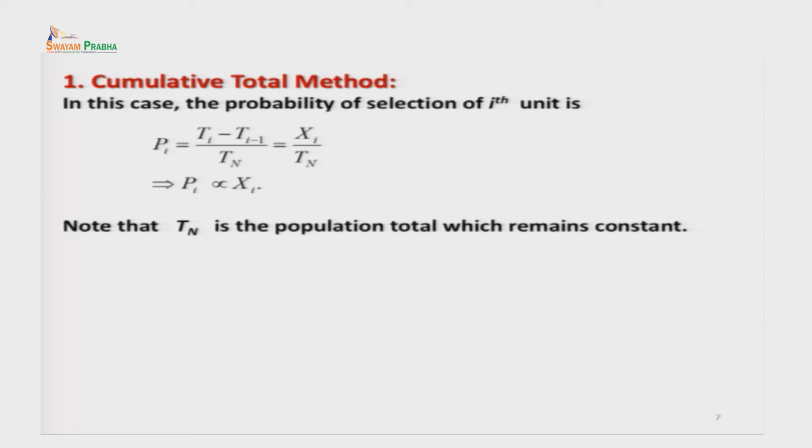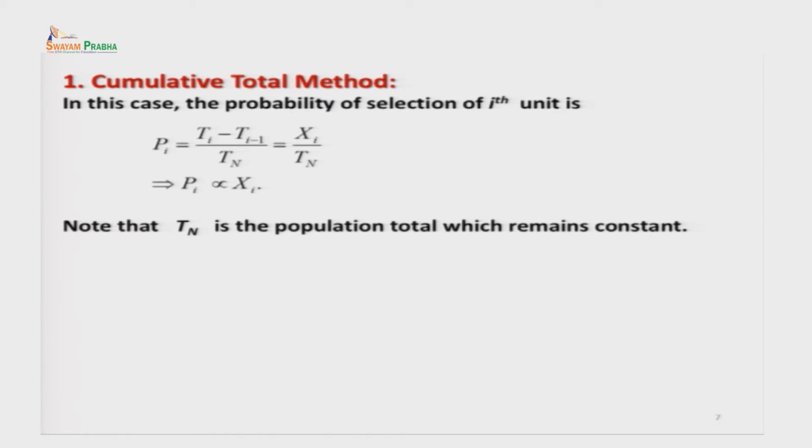What is the probability of selection of this number or this unit? As we have discussed, the basic fundamental says that this probability has to be proportional to the size of the unit, and we have associated the variable x with the size.